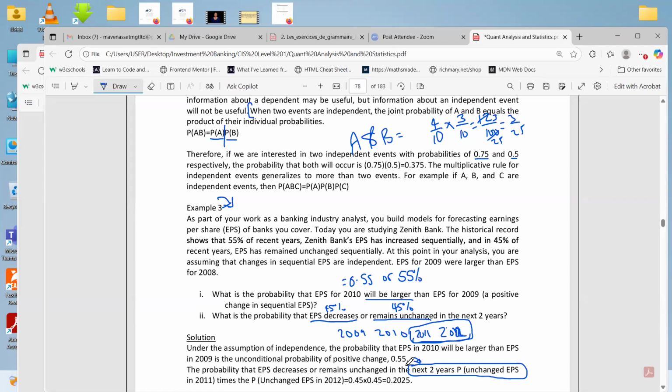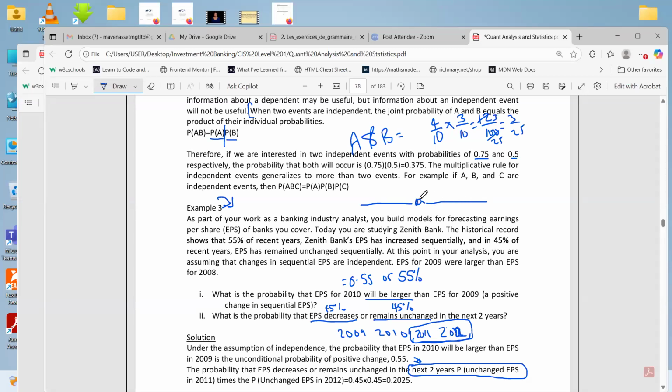I don't know if that makes sense. Okay, so we want to look at the probability of the EPS decreasing or remaining constant.